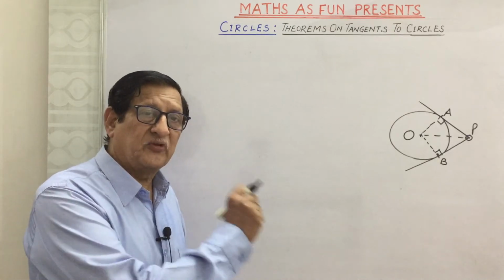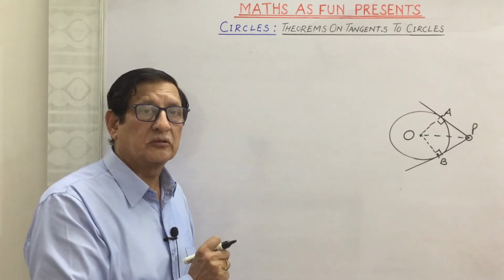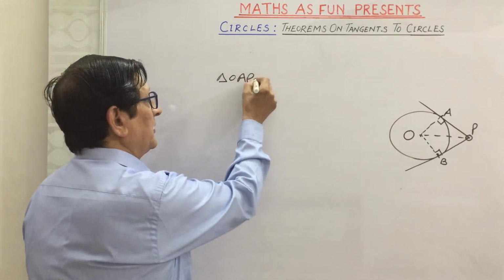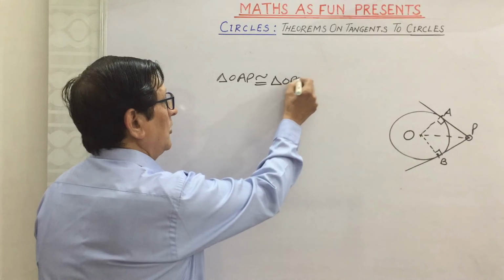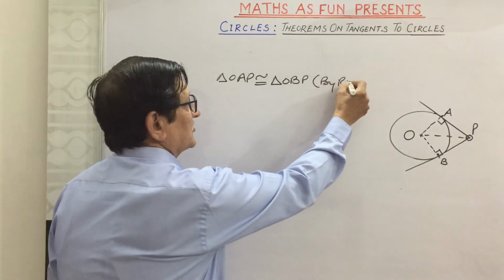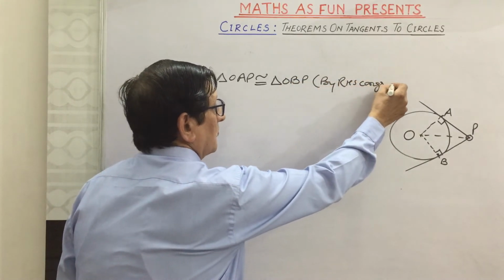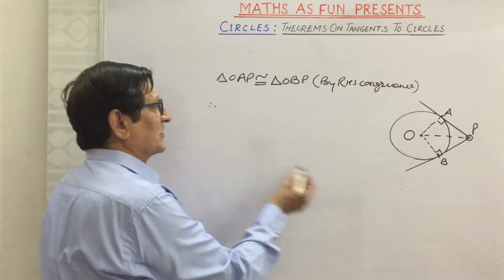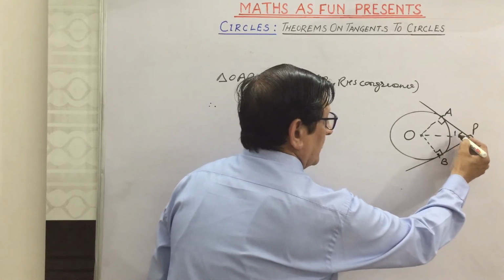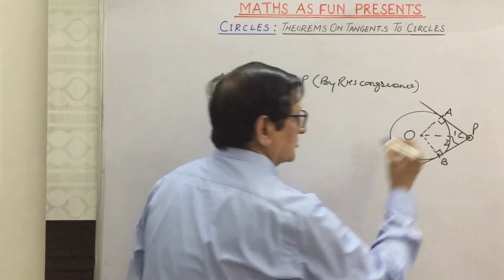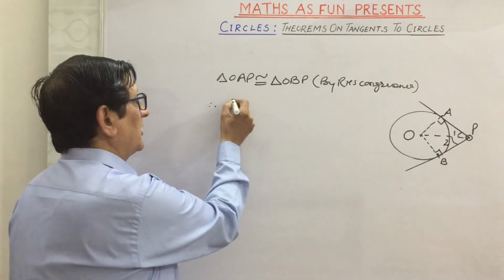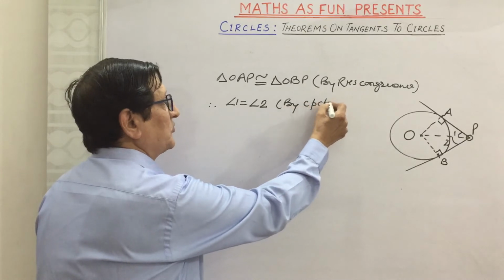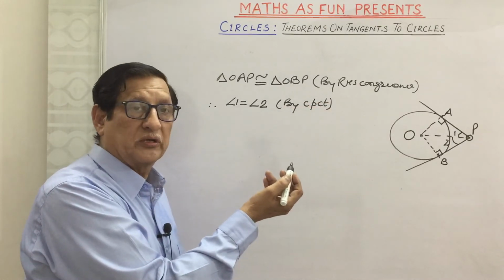From the same concept, we can prove some more points here. Like in this particular figure, we have proved that triangle OAP is congruent to triangle OBP by RHS congruence. Therefore, can we say that angle 1 will be equal to angle 2 or not? So we can say angle 1 is equal to angle 2 by CPCT, that is by corresponding parts of congruent triangles.